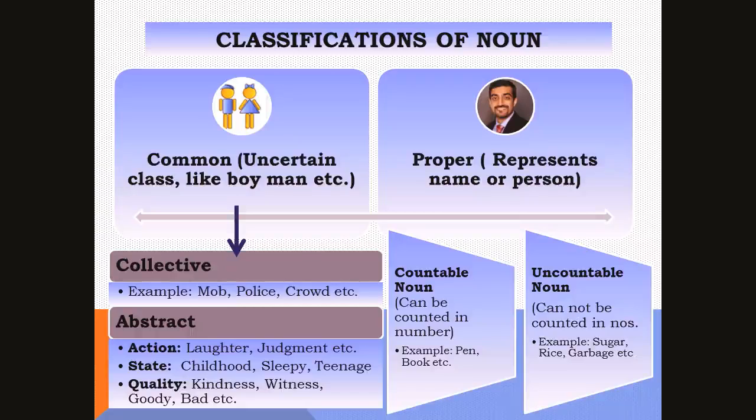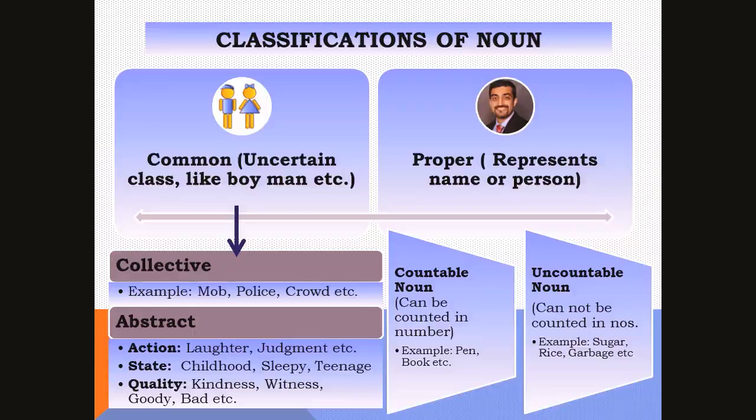Common noun, I already explained, like boy, man, girl, anything that you can commonly use for the same type of species or same type of characteristic or same type of condition, same type of consideration. So this common noun we can also split into two types: one is collective, another is abstract.